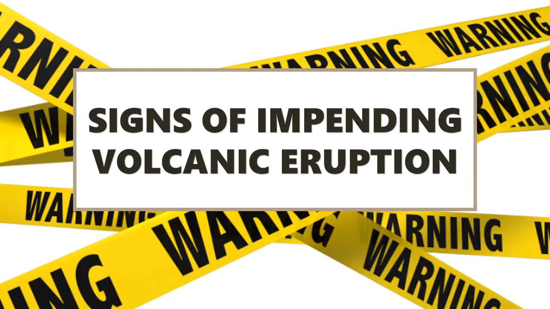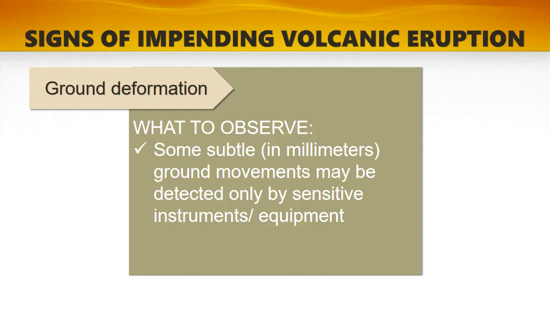So let us now proceed with the signs of impending volcanic eruption. The first sign of an impending volcanic eruption is ground deformation. You will observe some subtle ground movement, only in the millimeters, that may be detected only by sensitive instruments or equipment.